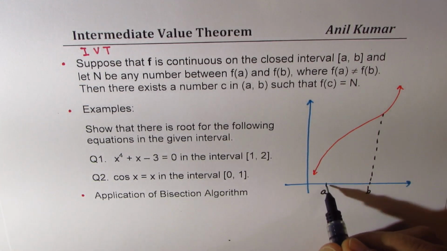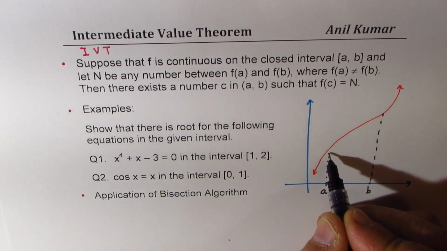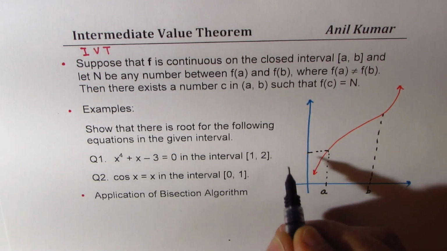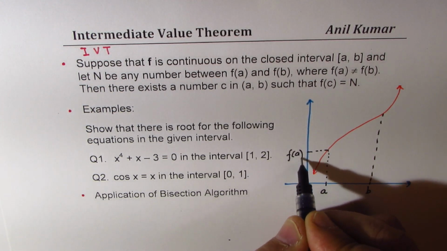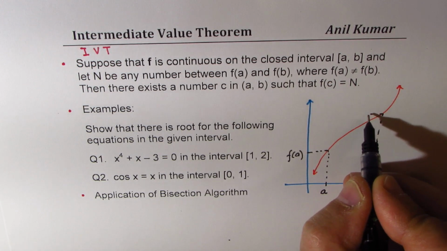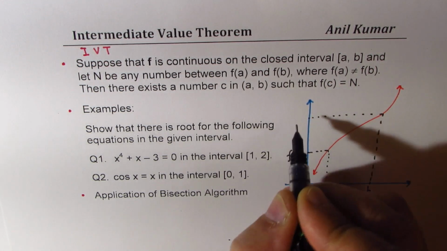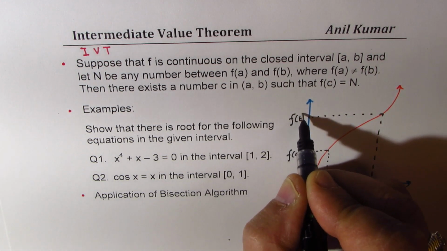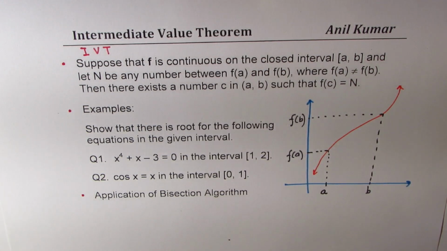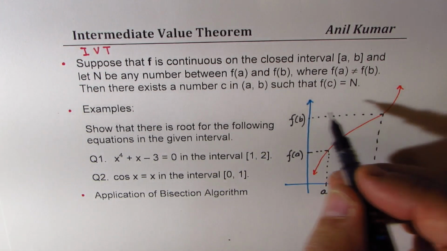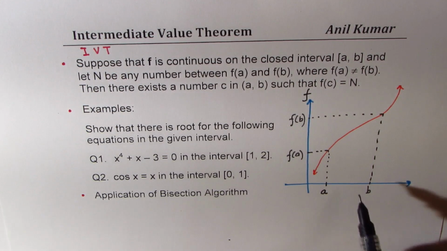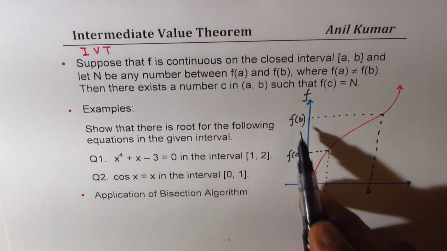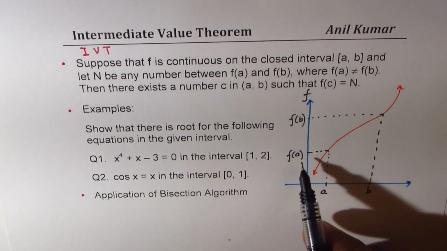Now at a, the value of the function is going to be f of a, right? The value of the function at b will be f of b. So f(a) and f(b) are the values of the function f, and they are not equal, right? So there is some gap in between the two.